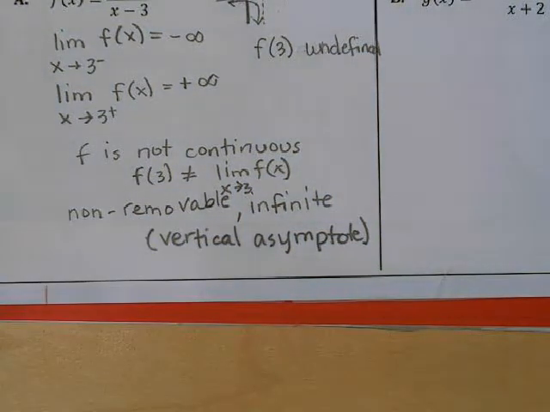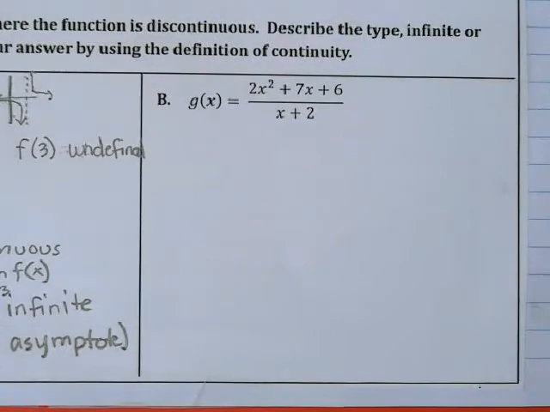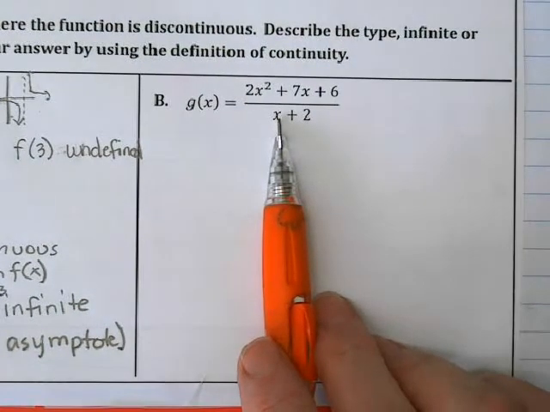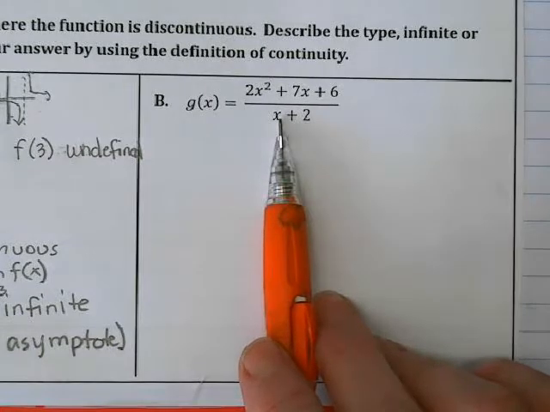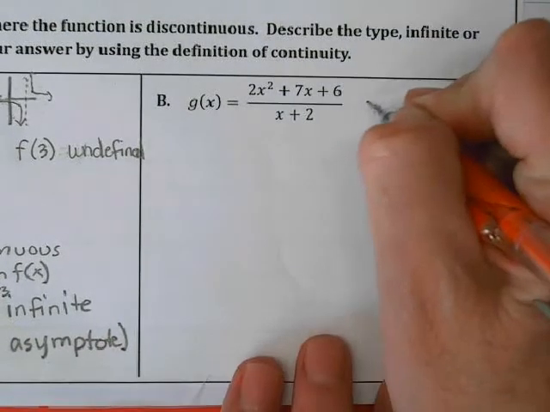Okay, let's look at what is happening over here. If we're looking at where it is discontinuous, I know that there's going to be a discontinuity at x equals negative 2. Now, is it an asymptote or is it a hole? So I would need to factor this.